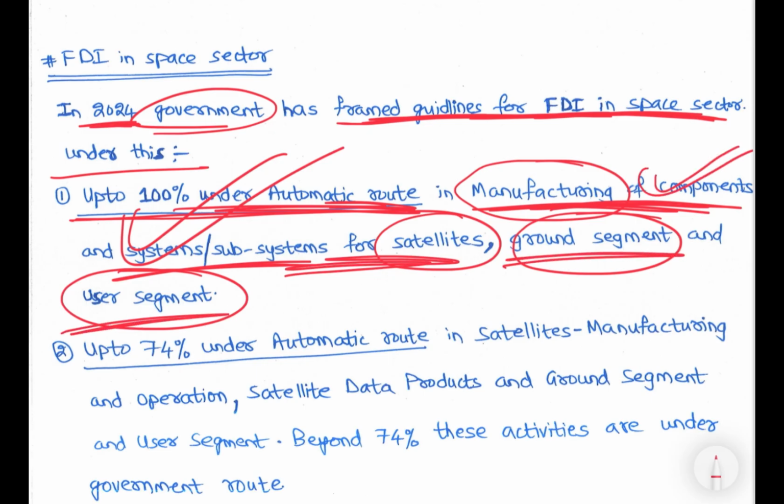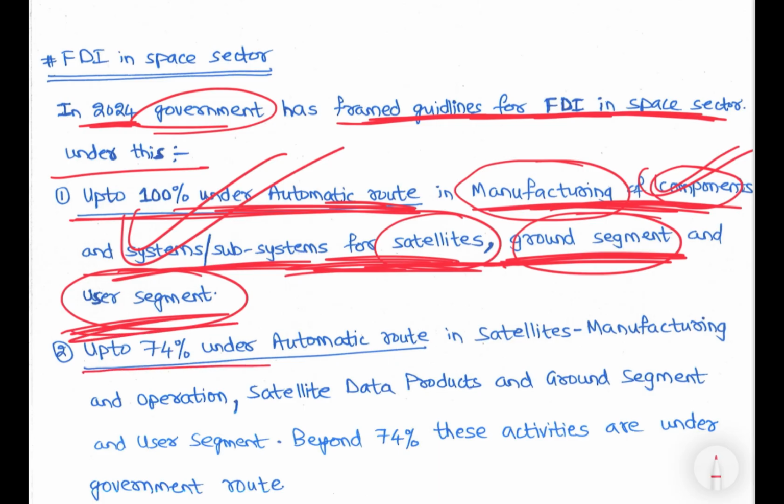Components manufacture करने में, भाई मान ले कि कोई पेंट है, पेंट आना है तो you can have 100% FDI investment, or say some bolts, nuts and all you need to bring, you can have 100% investment, in manufacturing of components and systems or subsystems for satellites, ground segment and user segment.